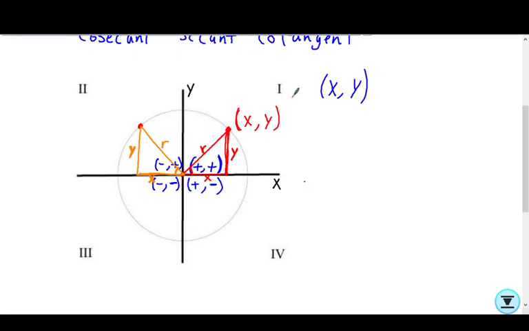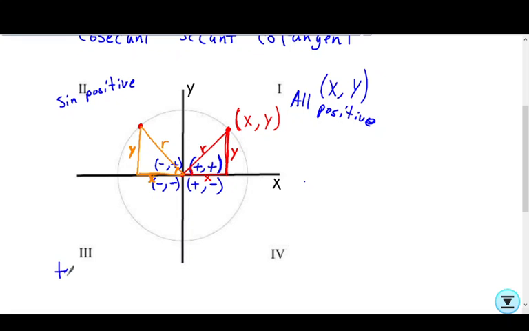In the first quadrant, all of them are positive. In the second quadrant, sine is positive, cosine is negative, and tangent would be negative because it would be a positive divided by a negative.